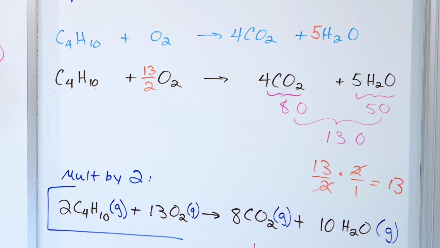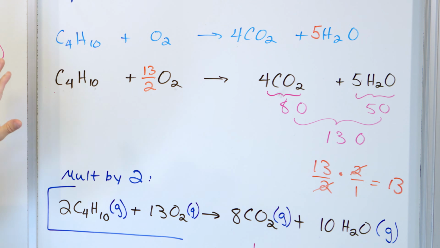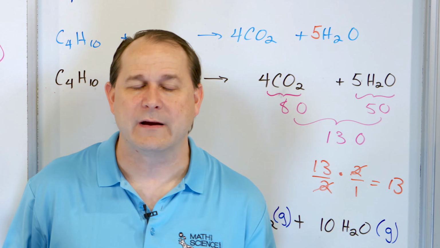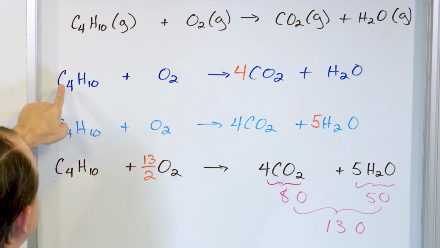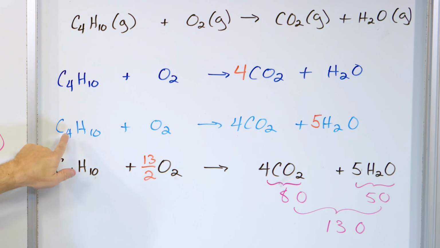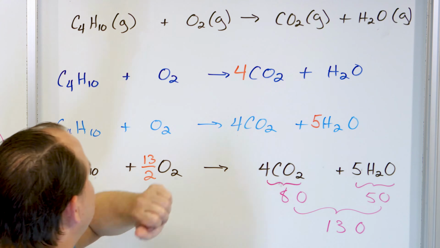So from the top, from this example, which is a little more complex, I understand, but you need to be okay with the idea of using fractions to balance chemical reactions, because it saves a lot of time. When we got down to the first part of it, we said we had 4 carbons, so we added the 4 here, and that balanced the carbons. Now we rewrote the equation here, and we said, well, we had 10 hydrogens, so we balanced that by putting the 5, 10 hydrogens. We were good.